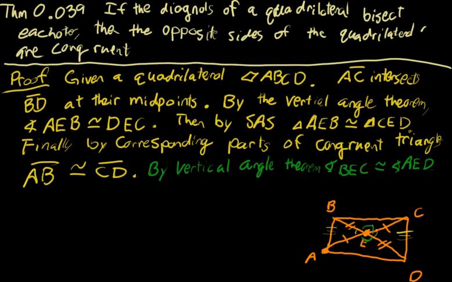So we have that side angle side. We can get side angle side for these two again. So then, by side angle side, triangle BEC is congruent to triangle DEA.